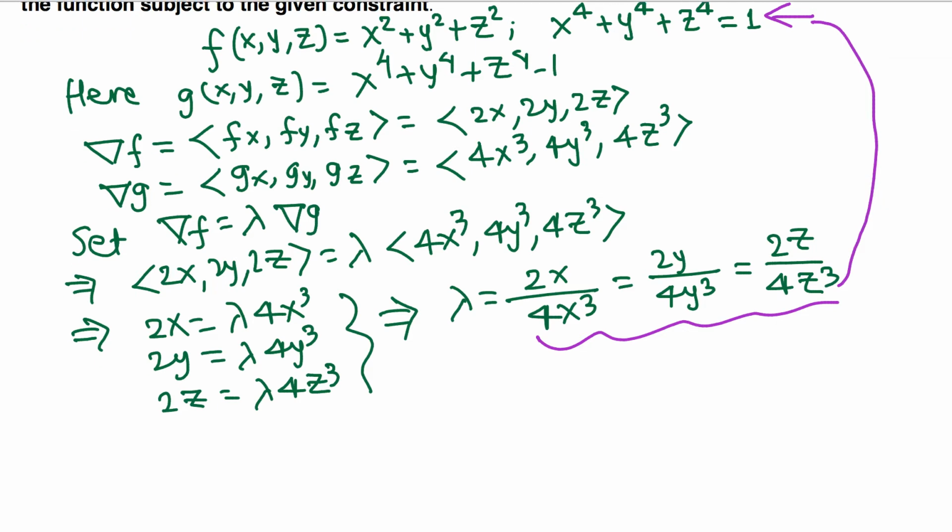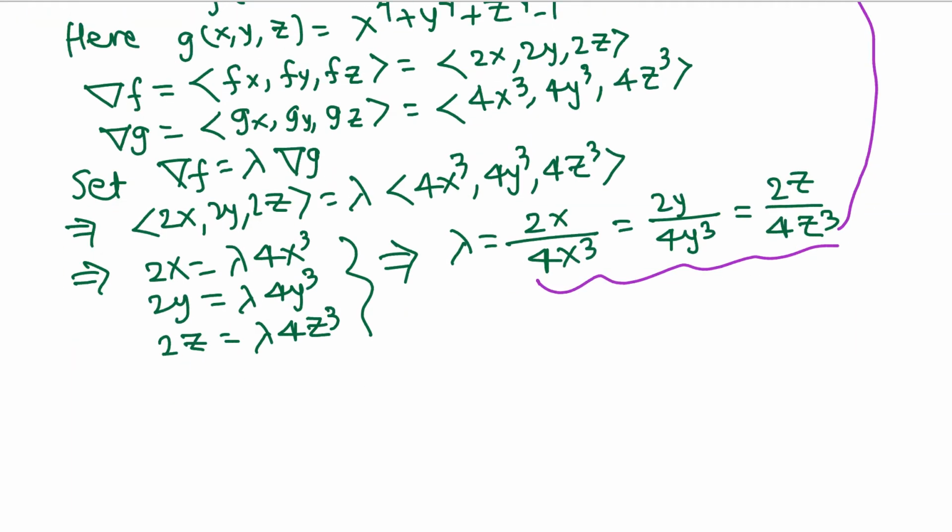So from here, taking first and third, we have 2x over 4x cubed equals 2z over 4z cubed. Cross multiply, 2 times 4, 8, so cancel this, but do not cancel x, because you'd lose the values.